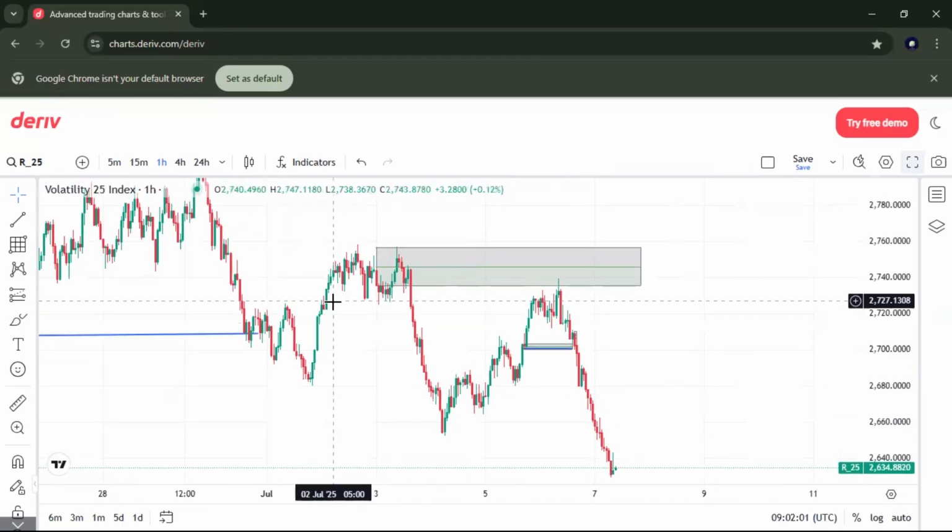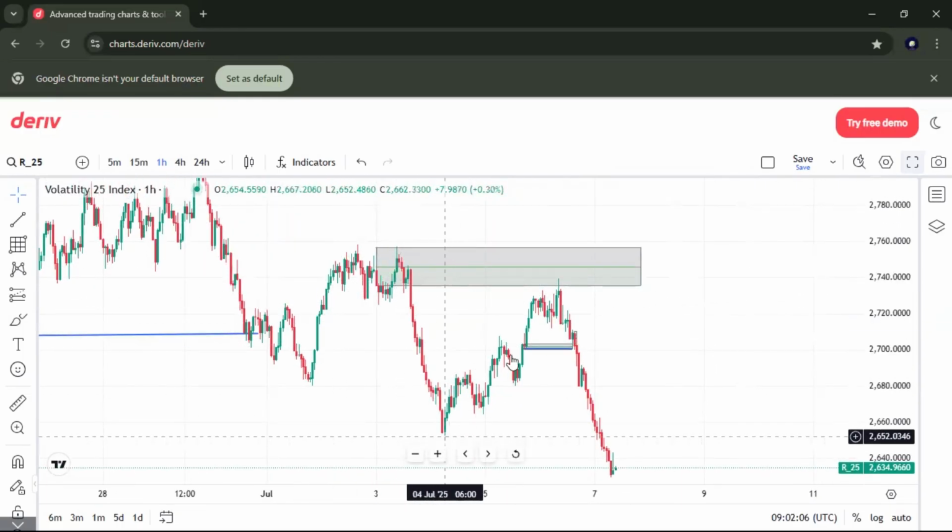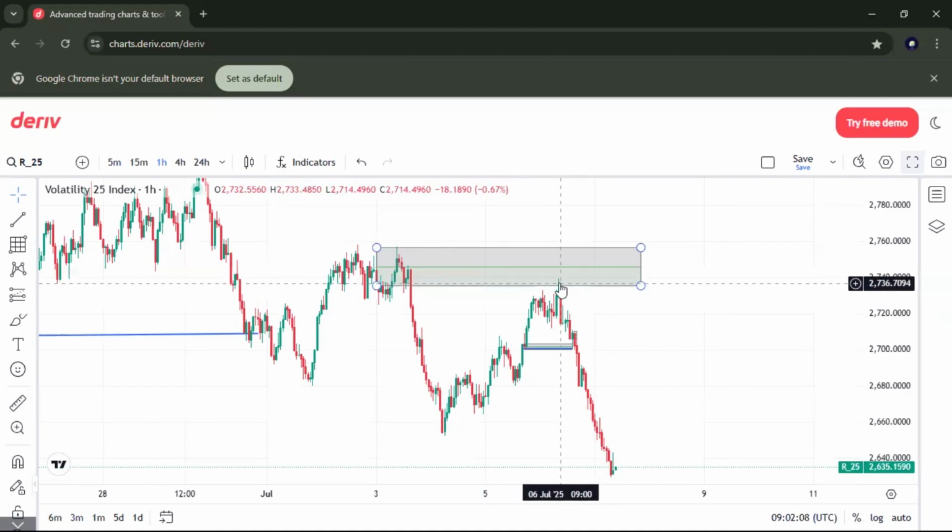But now, where we see that the price has expanded here and it retraced, what are we expecting? An expanded form. Let me show you.